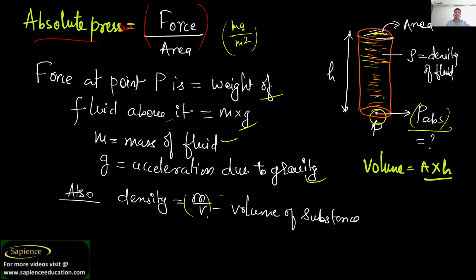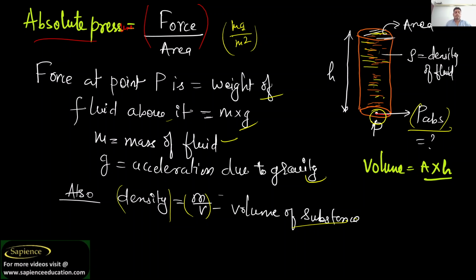And what is density? Density is mass by volume, where V is the volume of the substance. From here we can find mass is equal to volume into density. So as you know, absolute pressure is equal to mg by area.